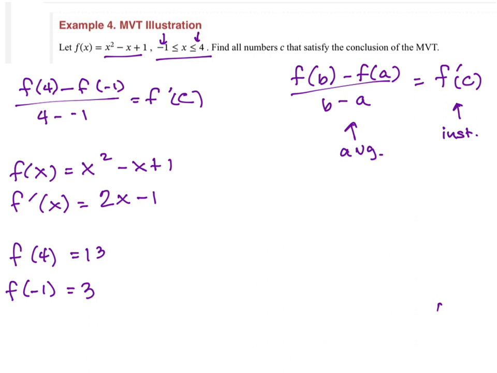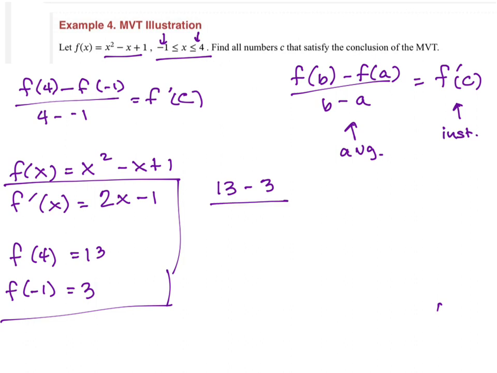Okay, so we've got a whole lot of information right here, and we can pretty much use all of it. So when we start plugging into this equation at the top, f of 4 is going to be 13 minus 3 divided by 4 minus -1, let's let that be 5, equals f prime of c.